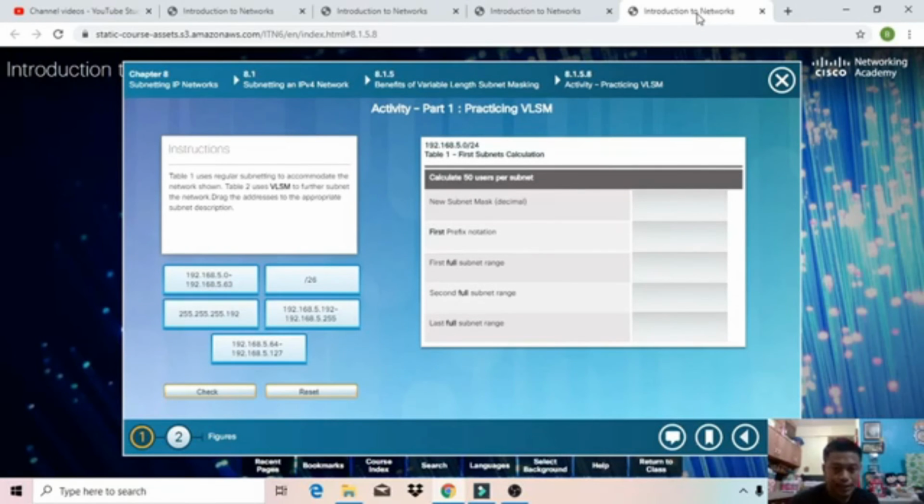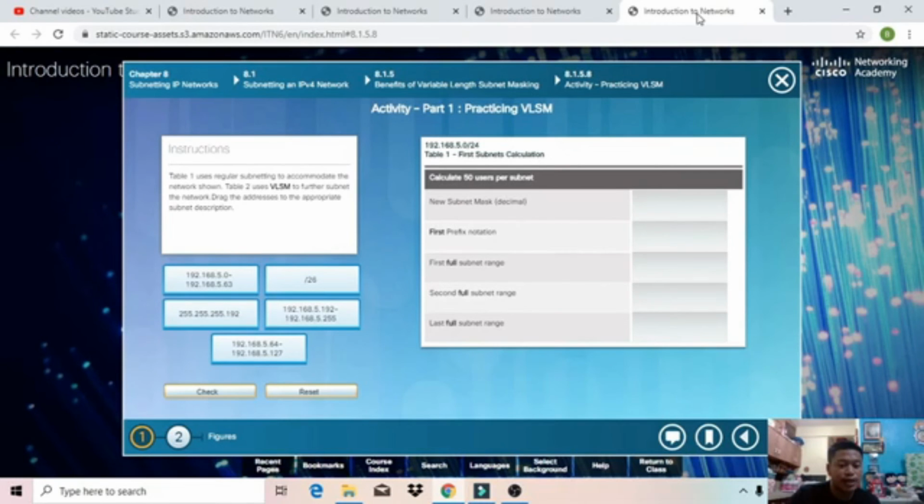The last activity has part 1 and part 2. Part 1 is practicing VLSM. The instruction is: Table 1, use regular subnetting to accommodate the network shown. Table 2 uses VLSM to further subnet the network.